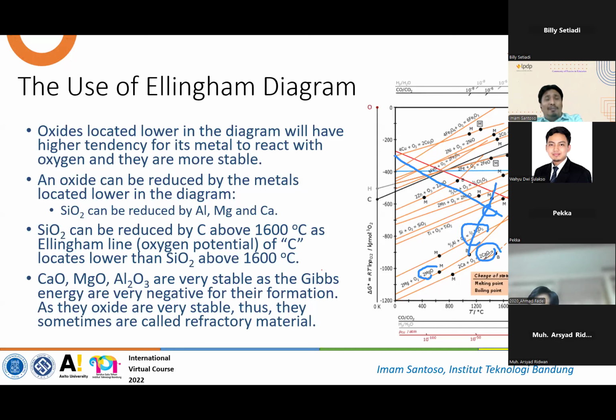They love to be in the form of oxide, so they are called refractory materials. Therefore, for refractory, you select oxides that are very stable. It means they have to be located at the bottom of the Ellingham diagram.